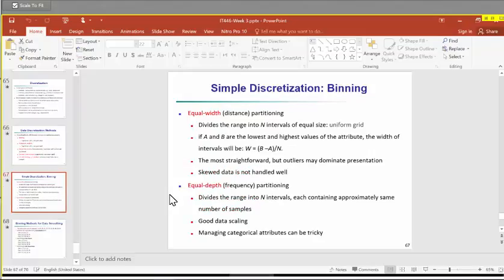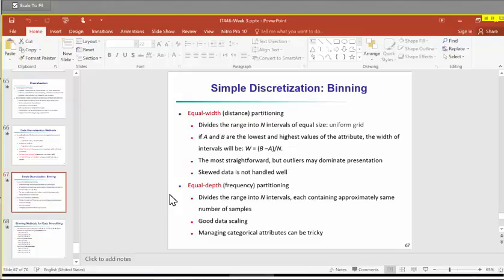Okay, so we can also have different discretization in the binning. For example, we can have equal width or equal depth. Width is also known as the distance, for example, in the sampling, and depth or the height of discretization is also known as the frequency or frequency partitioning. So in equal width, we divide the range into n intervals of equal size in a uniform grid.